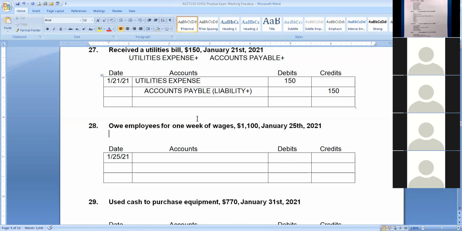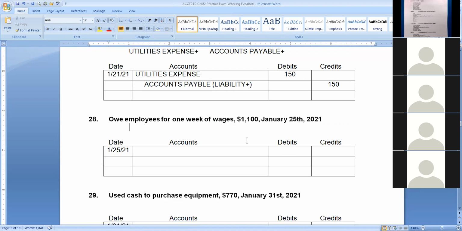Owe employees for one week of wages. What accounts? Wage expense. Yep. And cash? Not yet. Accounts payable.